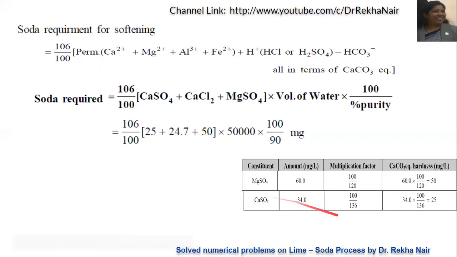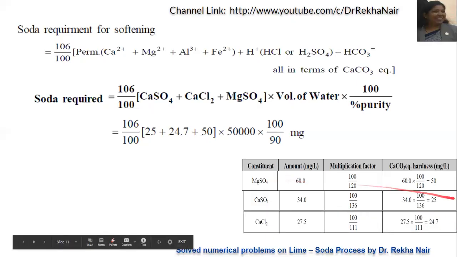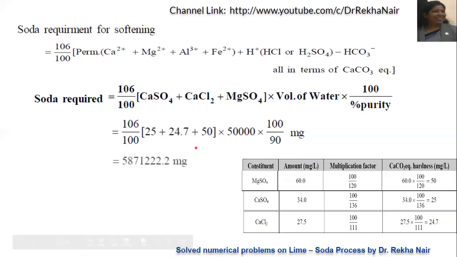Calcium sulfate is 25, calcium chloride is 24.7 and magnesium sulfate is 50. We put in all these values and we get the soda required as 5,871,222.2 milligram or 5.871 kg.